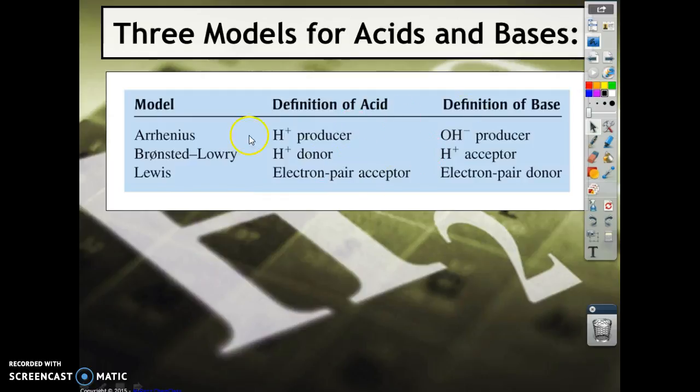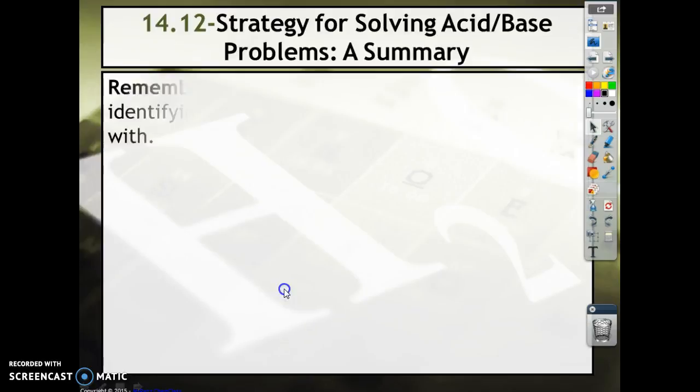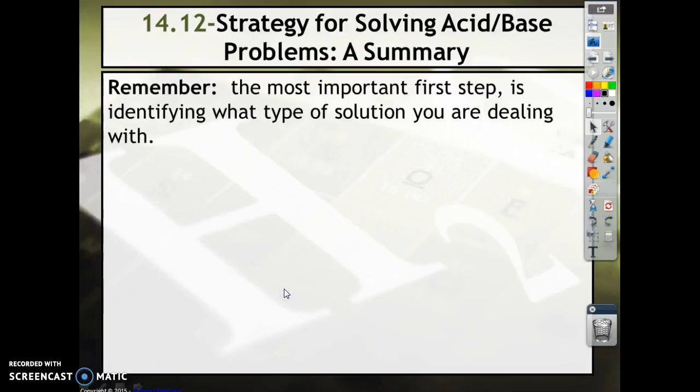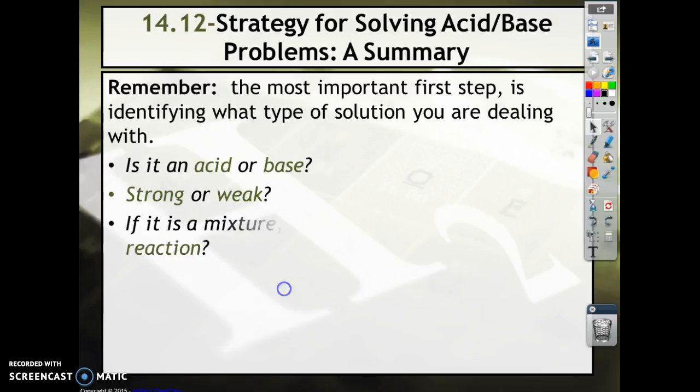So here's a good comparison of our 3 types of definitions that we should know. And here are just some reminders of what to remember. Always figure out the type of solution you're dealing with first. Determine if it's an acid or a base. Then determine if it's strong or weak. And if it's a mixture of acids or bases, determine which one's stronger or has the bigger numbers, so that will dominate your reaction.